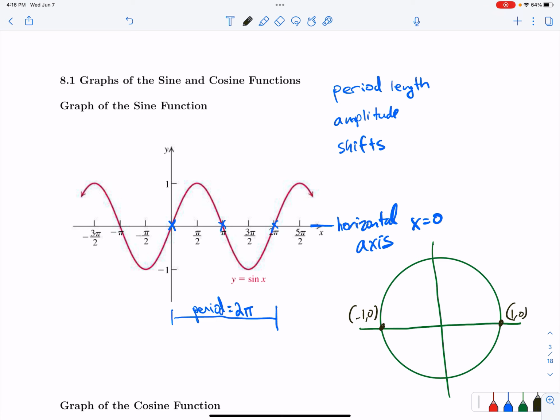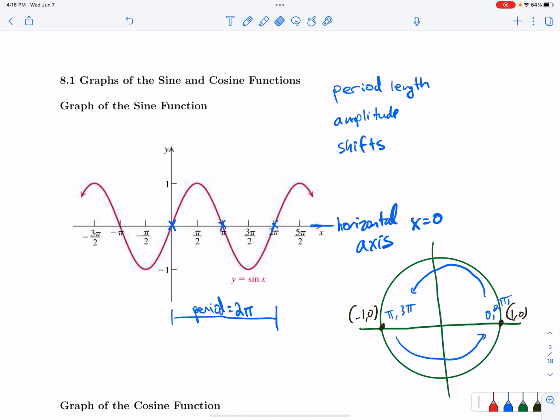So notice both of those y values are 0. And those angles, well, the first angle is 0 radians, and then pi radians. If I go around again, I get to 2 pi radians. And then if I go around again, I get to 3 pi radians, and so on and so forth. So 4 pi radians is back to 1, 0, then 5 pi, and so on. So those values correspond to when the sine graph is 0.